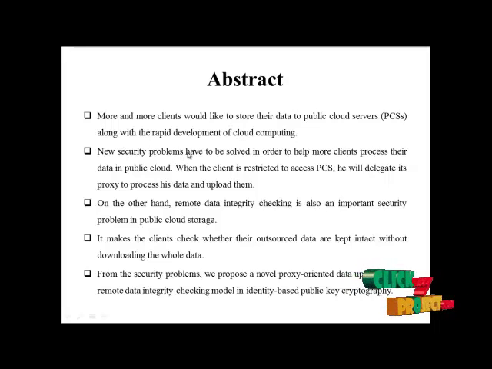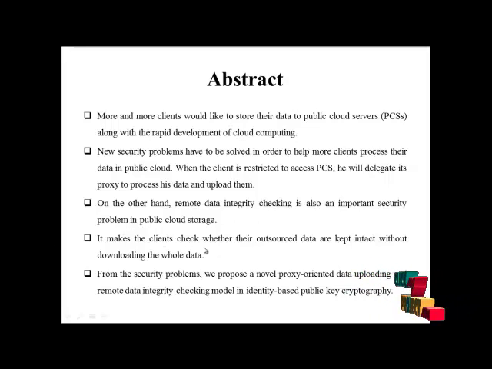So new security problems have to be solved in order to help more clients process their data in public cloud. When the client is restricted from accessing PCS, he will delegate his proxy to process his data and upload them. The data is actually stored on the cloud, and remote data integrity checking is also an important security problem in public cloud data storage.